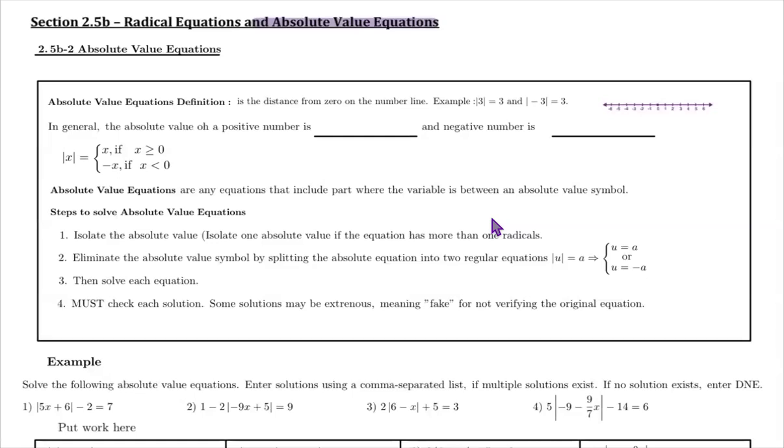Now, absolute value equations are equations where we have an absolute value symbol.